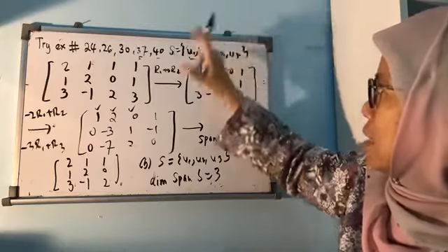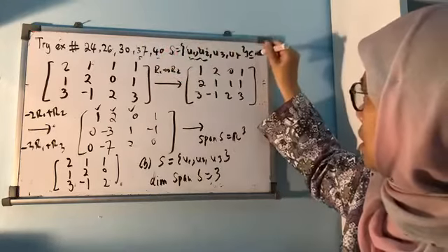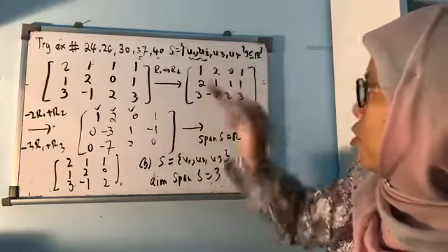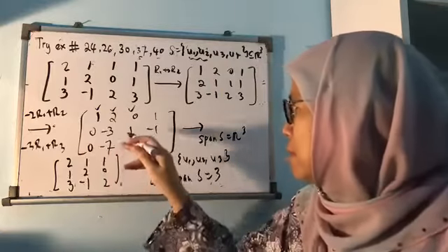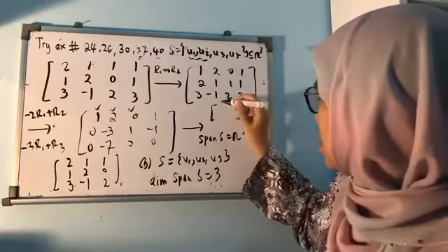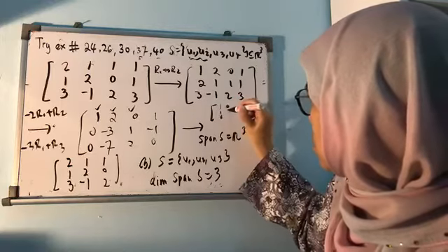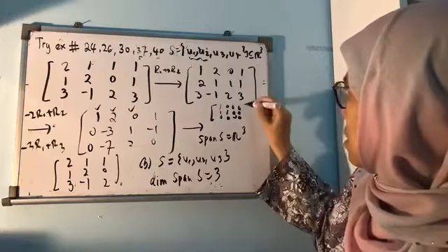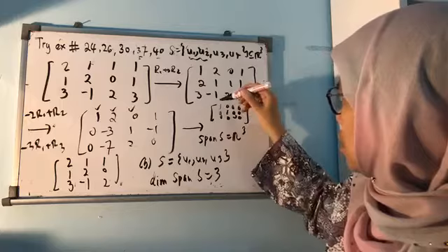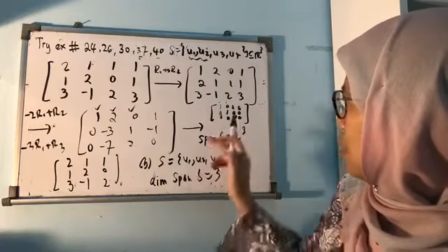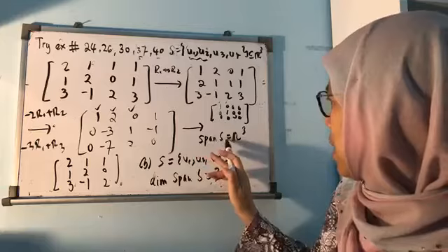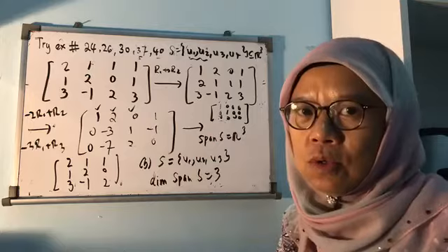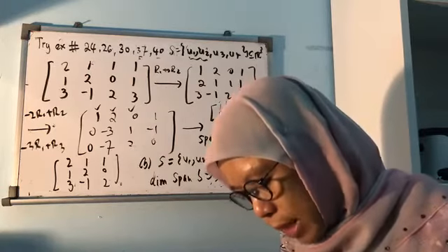So I can give you something in R3 with extra vectors, but when you reduce, you have only 2 left as the leading one. Maybe you will get something like 1 0 0, 0 1 0, and then the rest all 0, like this. Then you take just the first 2, only 2. So span S is just span of these 2, a plane, dimension is 2. Okay, but in this one, dimension is 3.